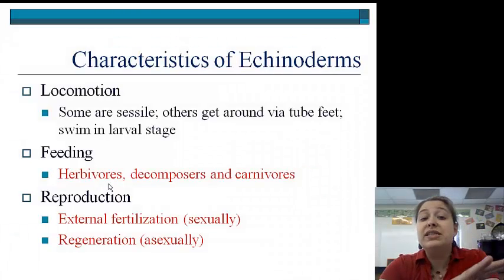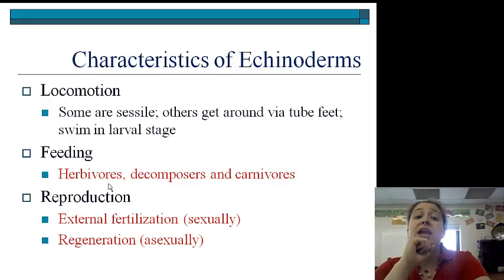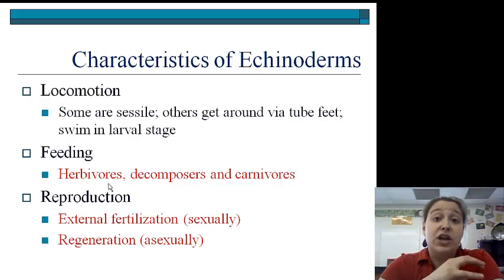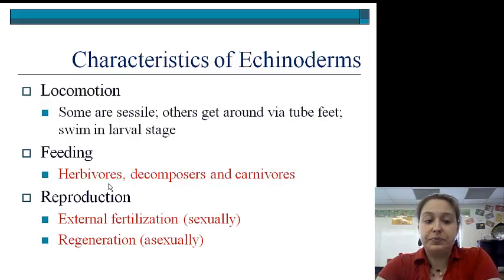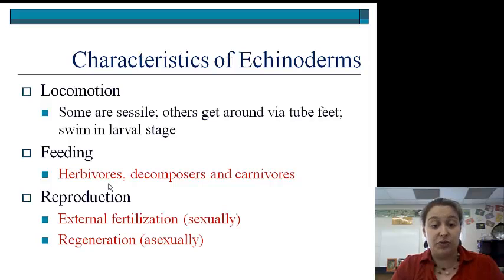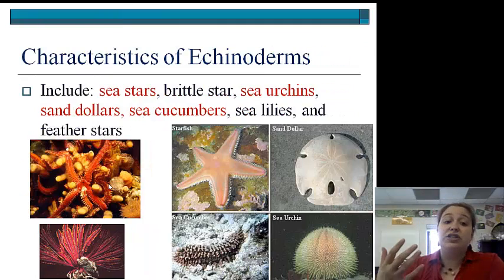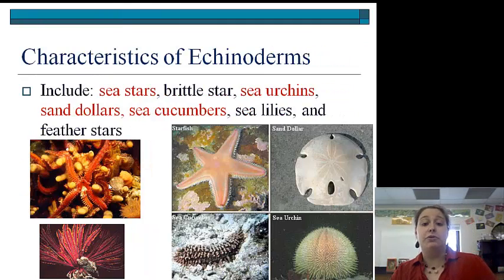They are mostly sessile or non-moving, but they can use their feet to actually move and grip on, and they do have a larval stage that can swim. Feeding is going to be either herbivores, decomposers, or carnivores. Reproduction, they can do external fertilization sexually, or they can do regeneration asexually. Remember, if you cut off a leg of a starfish, it can grow it back. These include starfish, sea urchins, sand dollars, and sea cucumbers.